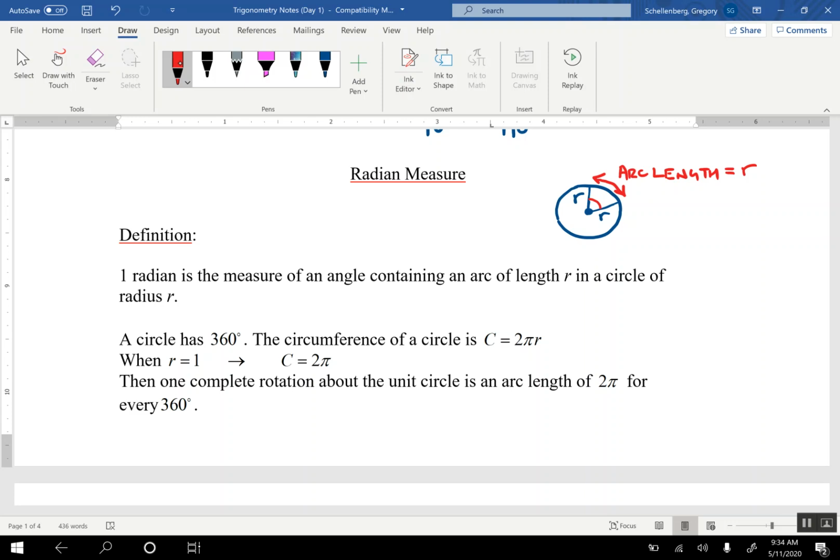Okay, so a circle has 360 degrees. The circumference of a circle comes from the formula 2 times pi times the radius. So if the radius was 1, then the circumference is 2 pi. Okay, so one complete rotation about the unit circle is an arc length of 2 pi for every 360 degrees.